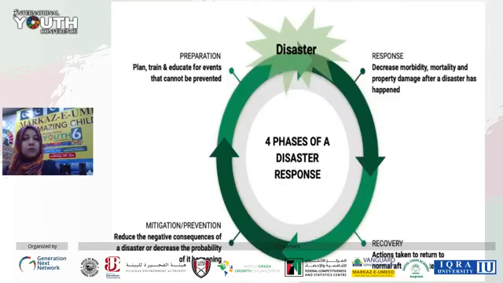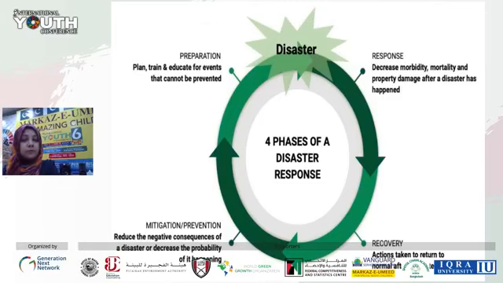When we talk about the four phases of disaster response, before the disaster we have preparation, mitigation, or prevention. Preparedness means to plan, train, and educate for events that cannot be prevented. We have to plan, or we have to train some volunteers to prepare for any disaster situation.